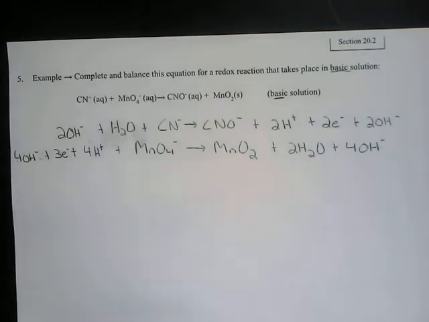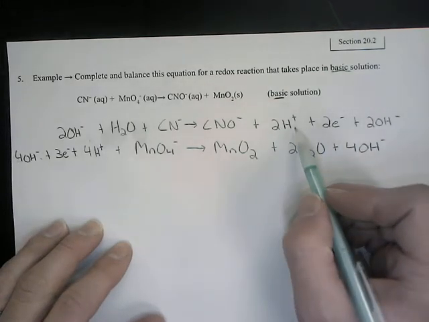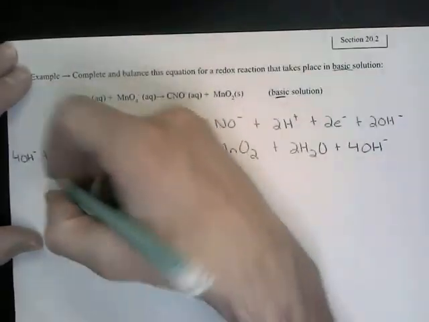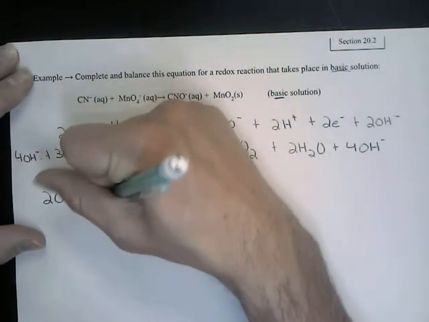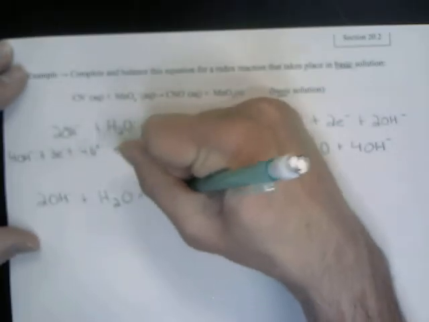Now, I'm going to rewrite this even before I multiply my electrons to balance out. And that is because on each side, if you have an OH minus and an H plus, that forms water. So this top equation can just be written as 2OH minus plus H2O plus CN minus.